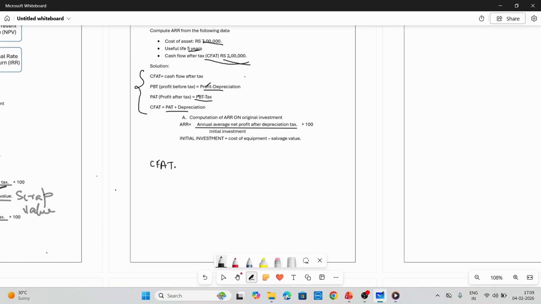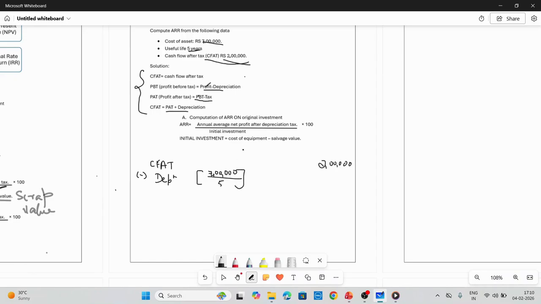CFAT is 2 lakh minus depreciation. Depreciation is 7 lakh divided by number of years.